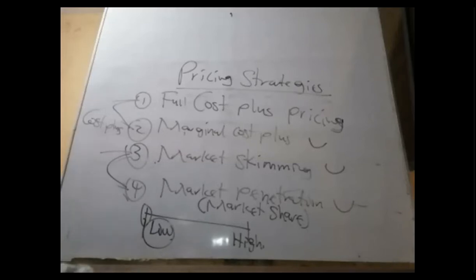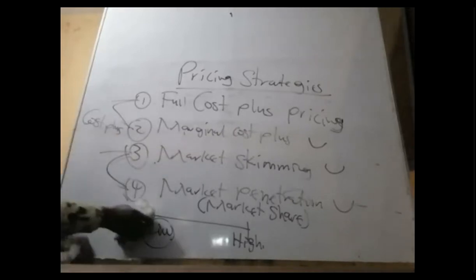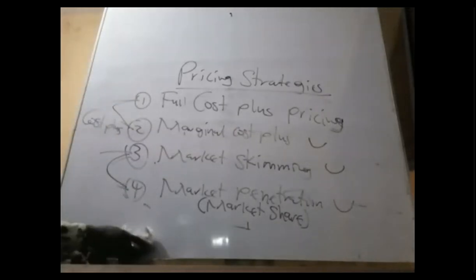I can add more, so that we can get, let's say, 9. Let's add complementary product pricing. But the most common ones are the ones we mentioned here.